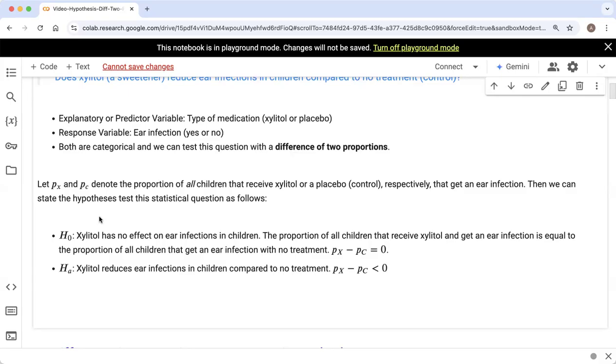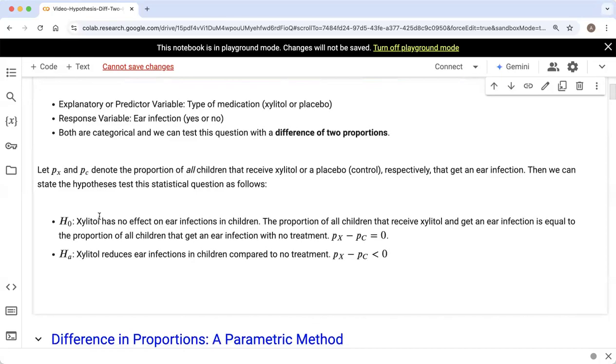And the alternative here is we are testing the claim that xylitol reduces ear infections in children. So this is a one-sided hypothesis test. So we think that P_X is going to be less than P_C. So in other words, we think that this difference, P_X minus P_C, is going to be less than 0.